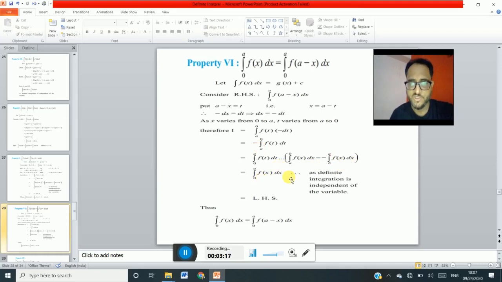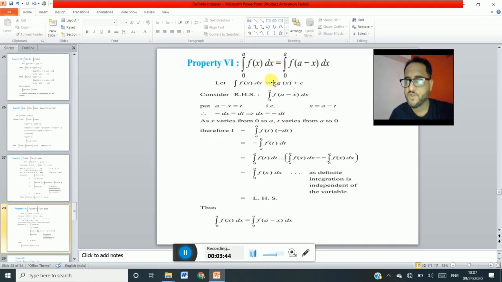This is according to property number second, and this is property number third, that a change of variable does not affect the integral. So 0 to a of f of t dt is converted to f of x dx, as a definite integral is independent of the variable. And this is nothing but the left side of the proof.